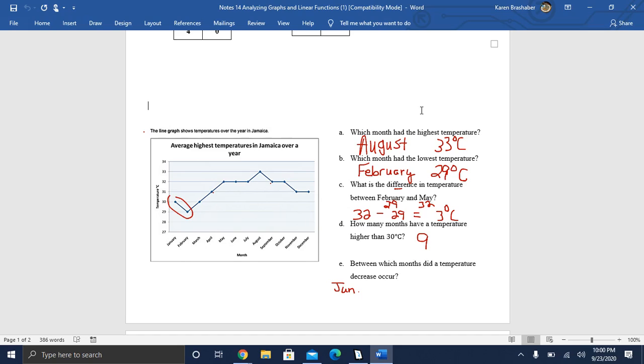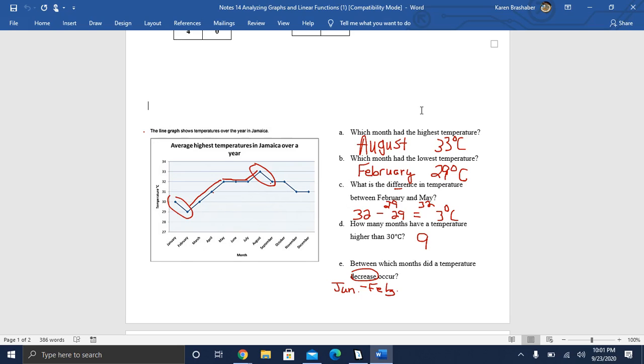So from January to February, I'm just going to abbreviate this. We have a decrease in temperature. Then we have a climb right here. And then we have a steady temperature and another climb, but we have a decrease happening again. So now we're in August.